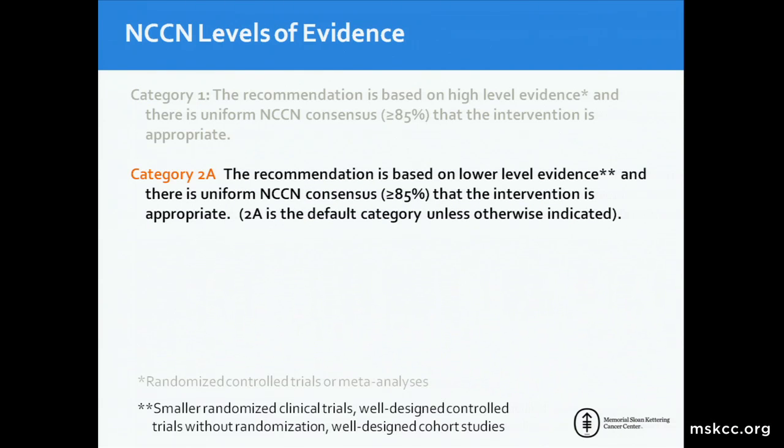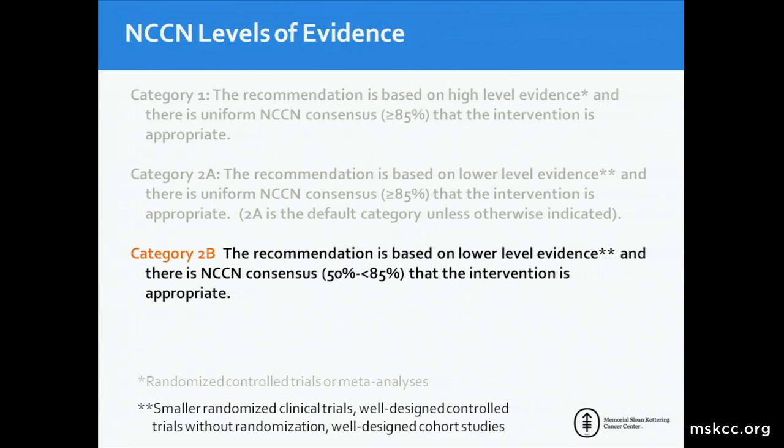Category 2A is based on lower-level evidence, typically phase 2 trials or small randomized phase 3 trials, or phase 3 trials that we feel are not designed properly, and we will not give that category 1. But again, there has to be uniform consensus, more than 85% or more of the panel members agreeing.